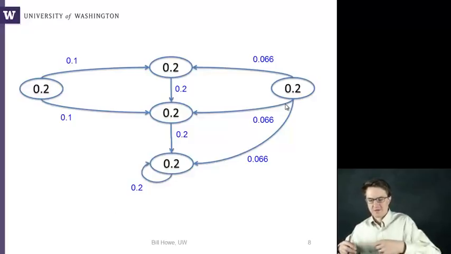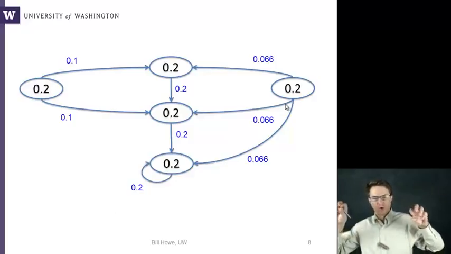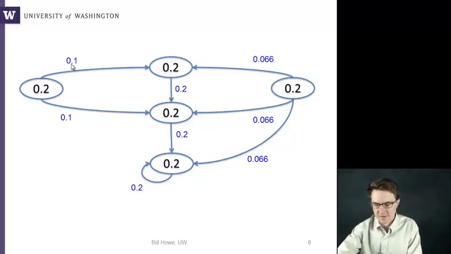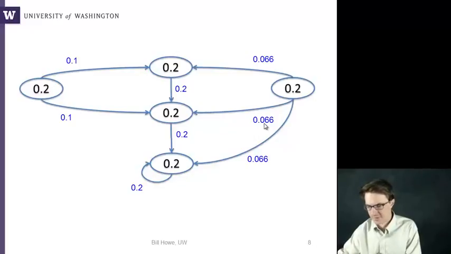Then the compute program runs on every vertex simultaneously in parallel, and it sends its rank contribution to all of its neighbors. So this rank contribution of 0.2 divided by 2 outgoing edges, so that each one gets 0.1. And here there's 3 outgoing edges, so each one gets 0.066, and so on.